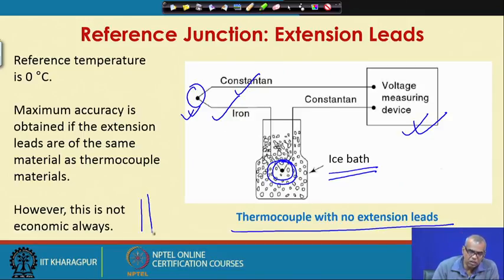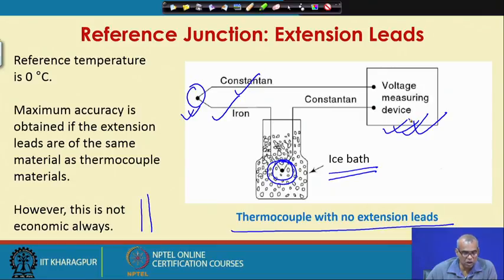But this is not economic always. Suppose you are using platinum, rhodium, platinum thermocouple, and this voltmeter may be located at some distance from the point of measurement.